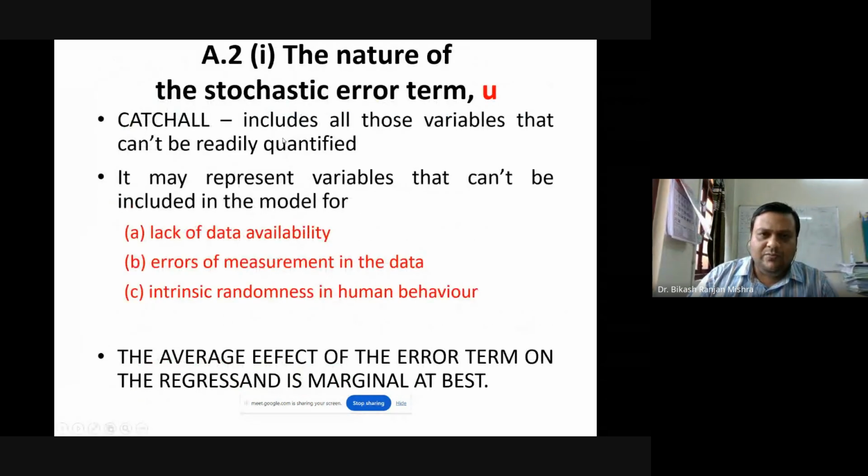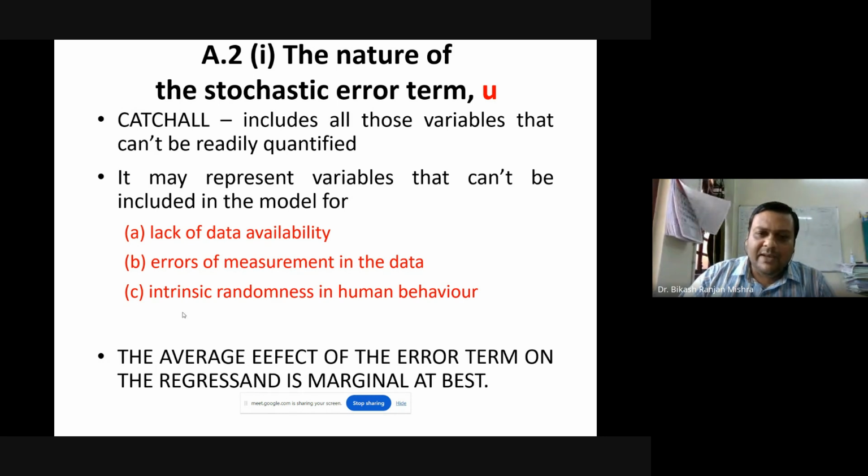or simply the random or stochastic term category. So moving ahead with more details about U. This U is basically a catch-all term, covering what is not available because the data are not sufficiently available, either for all the cross sections or for all the time series.